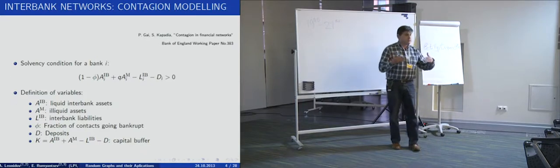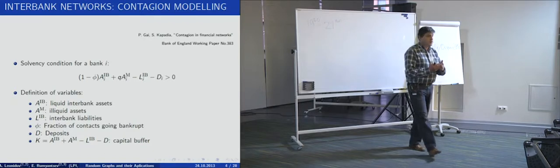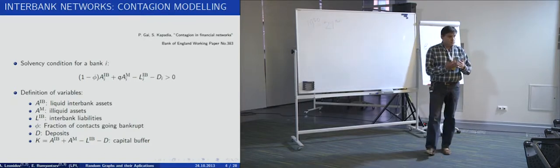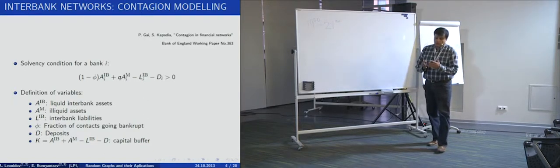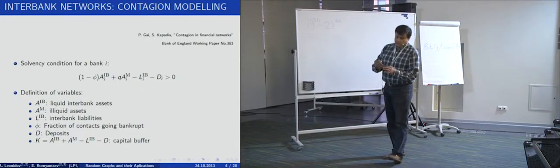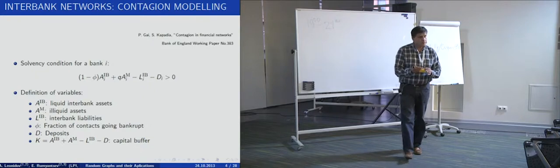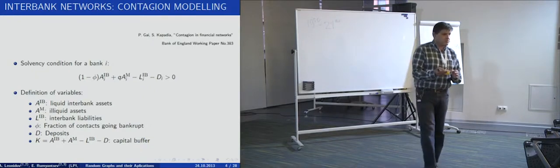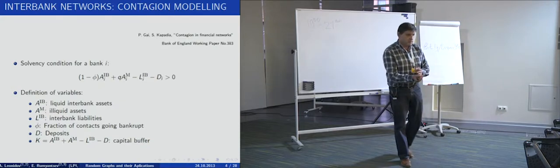So you have links to the node, and what you assume, the process that you study, is that one or more than one node goes out because of bankruptcy. And then it deforms the balance sheet of the neighbor.